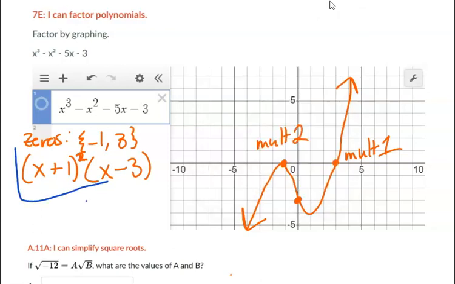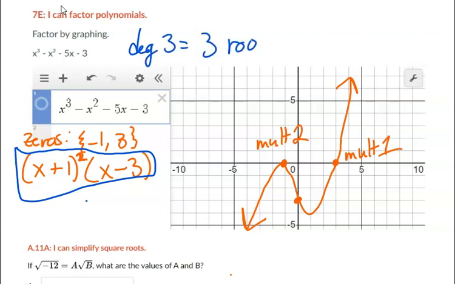And these would be your factors. We have a repeated real root and we have another real root. You have 3 roots altogether because your degree is 3. They could be real, they could be imaginary, or they could be repeated.